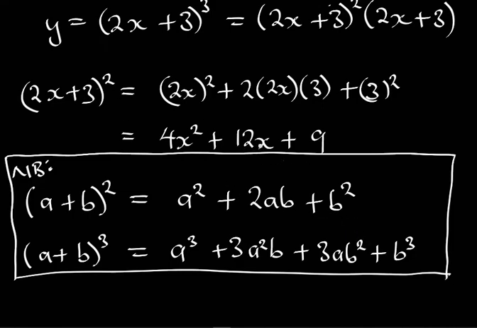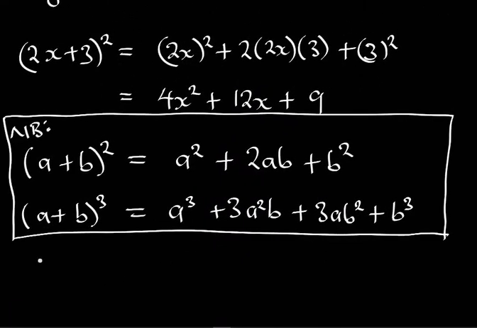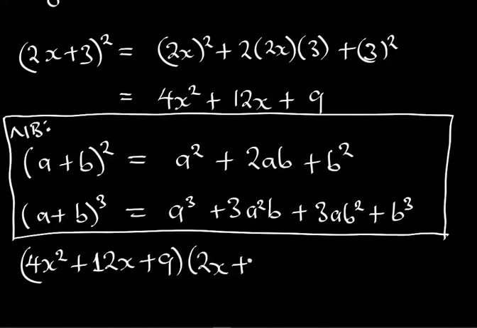Okay, so we expanded 2x plus 3 squared. Now this is our answer: 4x squared plus 12x plus 9. And now we're going to be multiplying this by 2x plus 3. So the 2x will multiply by everything there. 2x multiplied by 4x squared: the 2 and the 4 give us an 8, x squared multiplied by x gives x to the power 3.